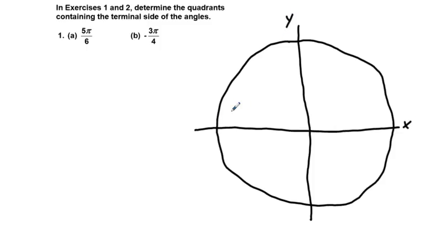And 5 pi over 6, well, pi is over here, equivalent to 180 degrees, and 5 pi over 6 is going to be this angle right over here. So 5 pi over 6.